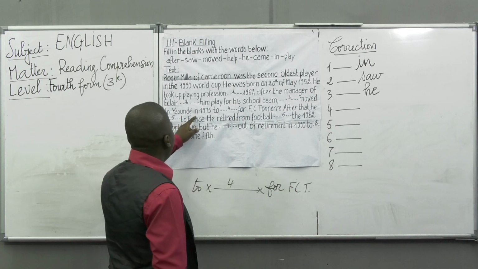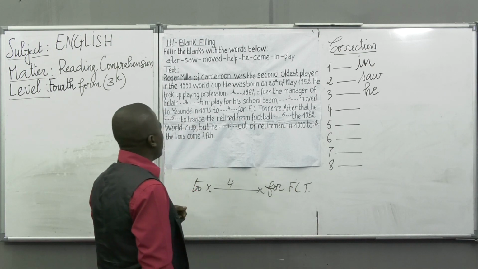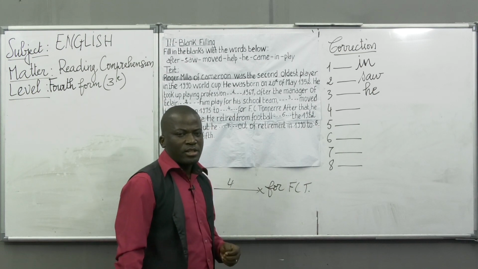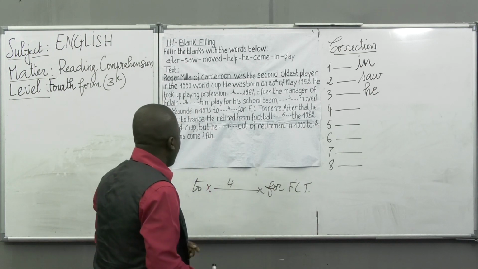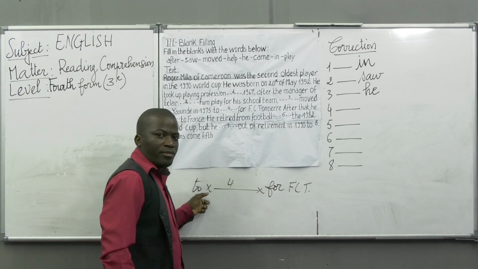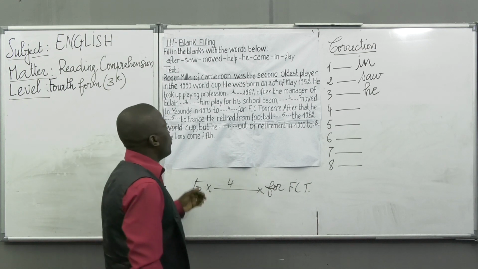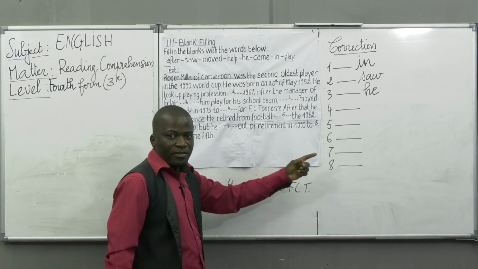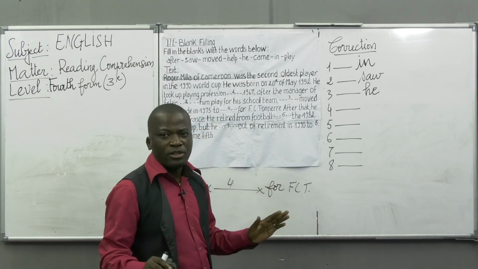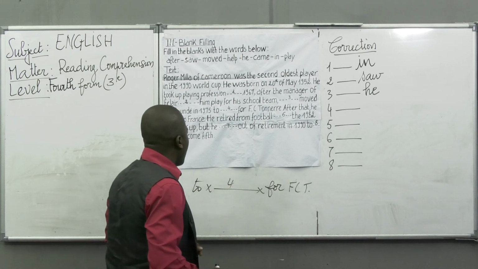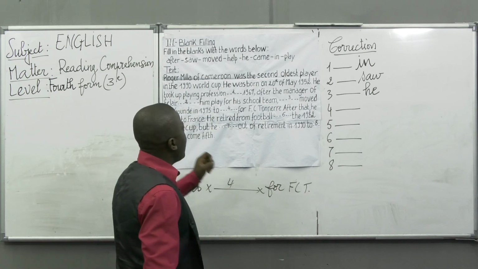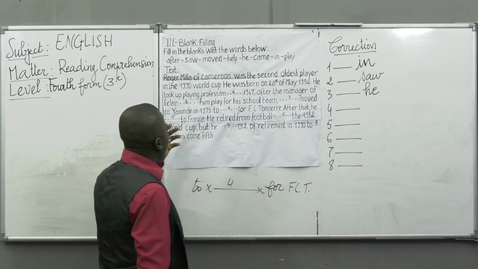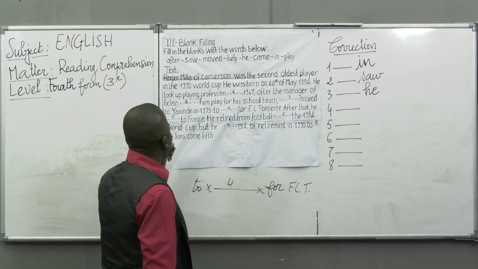Moved to Yaoundé in 1977 to, blank, for FC Tonnerre. Yes, FC Tonnerre. Now, it means that we need a verb. But which verb? We have the choice between help and play, the only verbs in the infinitive. Between play and help, what is the verb that we're going to choose?